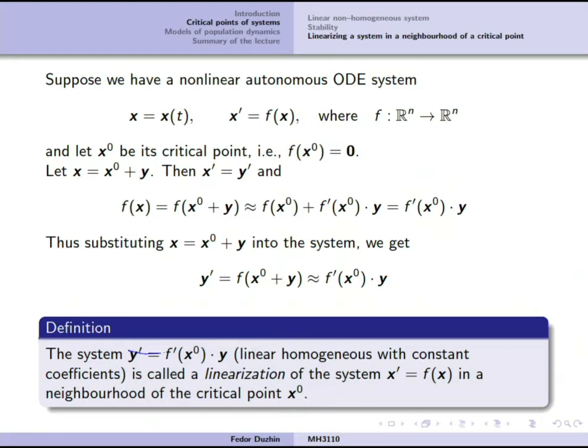So this is a linear system. It is called a linearization of the nonlinear system x prime equals f of x in a neighborhood of the critical point. So it's not just anywhere, but it has to be in the neighborhood of the critical point.